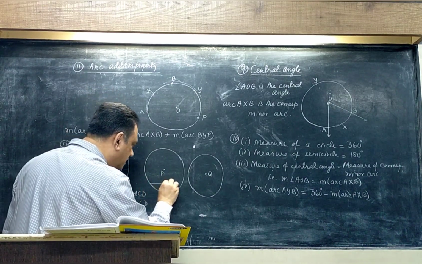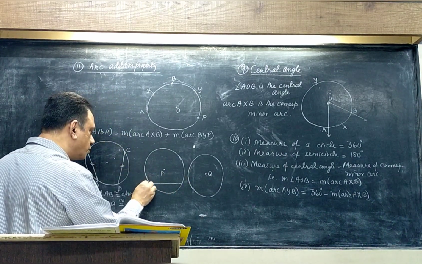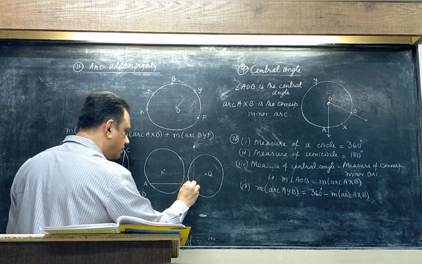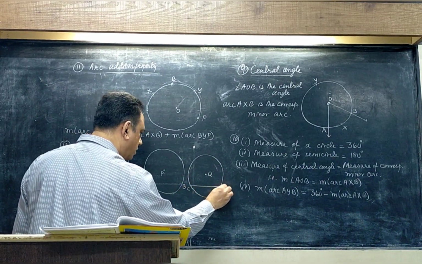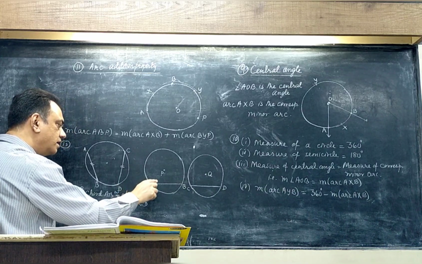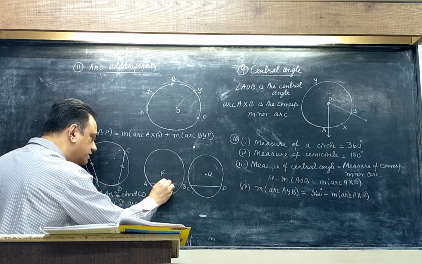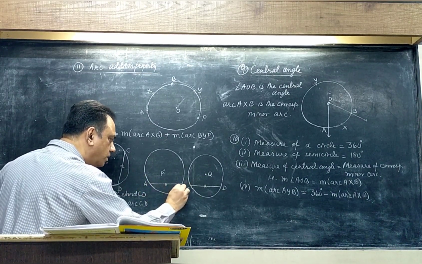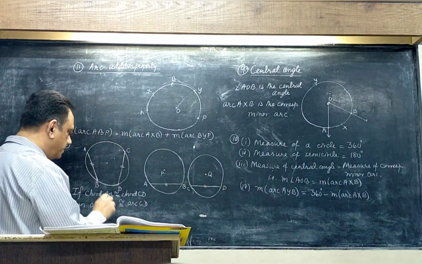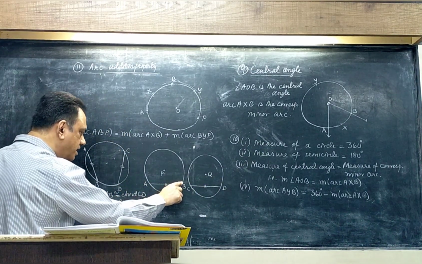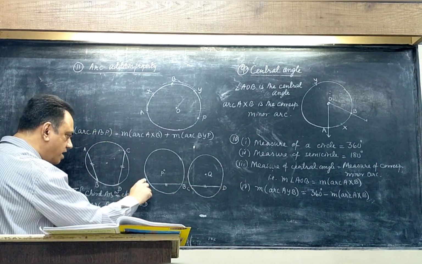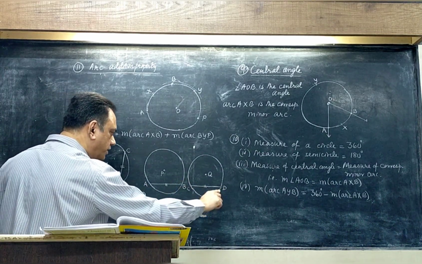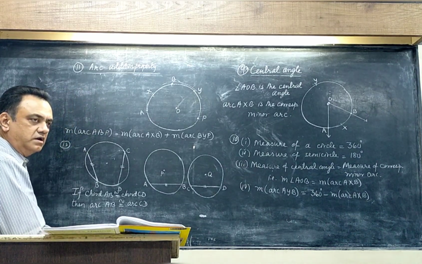And in those circles, if these two chords are congruent, then the corresponding arcs are also congruent. That means if chord AB is congruent to chord CD, arc AB will also be congruent to arc CD.